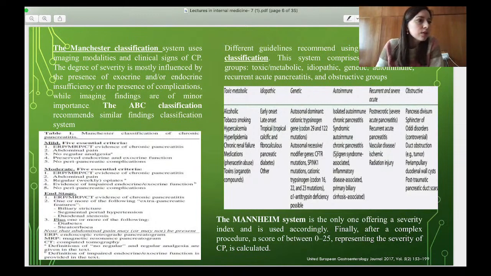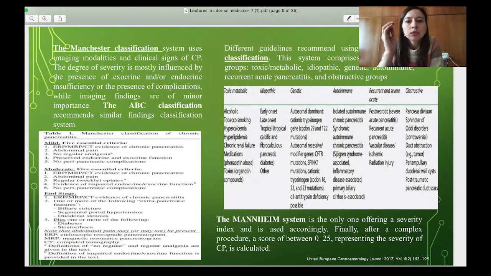Different guidelines recommend using another classification with the name TIGAR-O. This system comprises 6 etiologic groups: toxic, metabolic, idiopathic, genetic, autoimmune, recurrent acute pancreatitis, and obstructive groups.